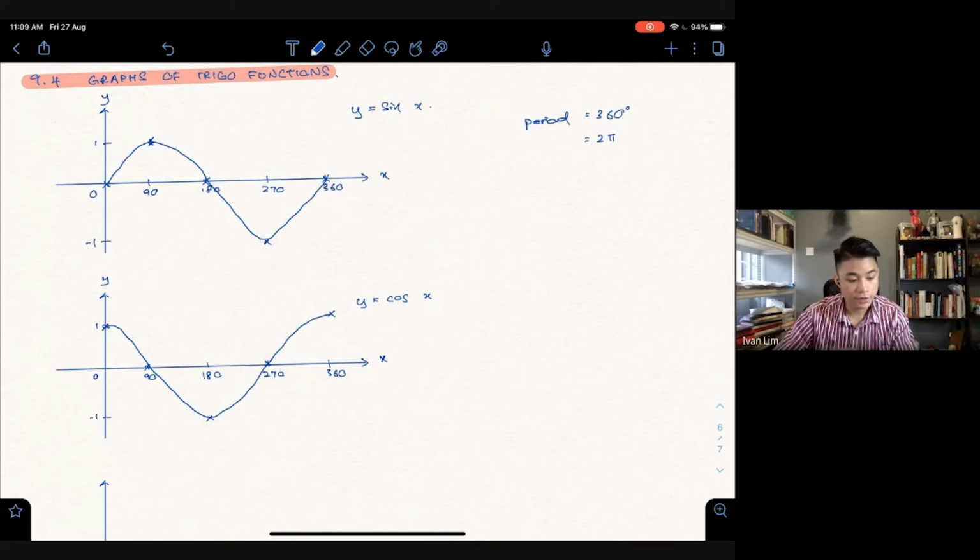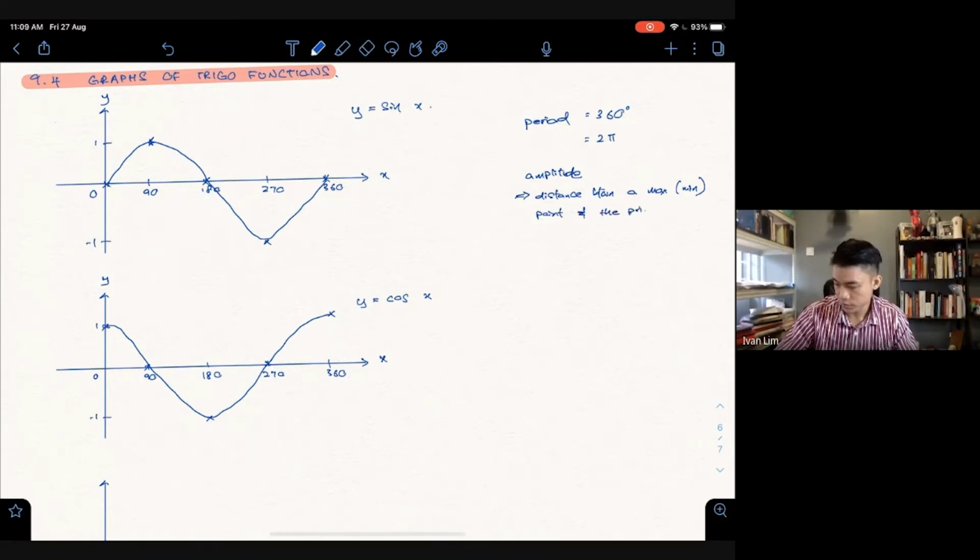Another term that you all need to know is amplitude. What is the meaning of amplitude? It is the distance between a maximum or minimum point and the principal axis.